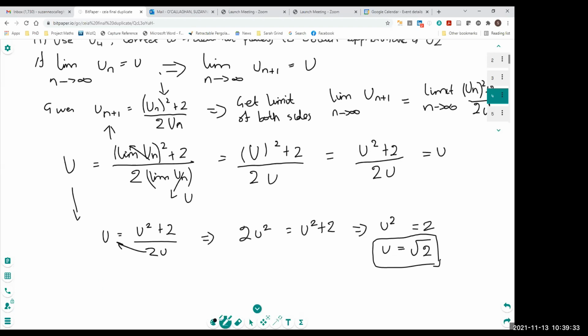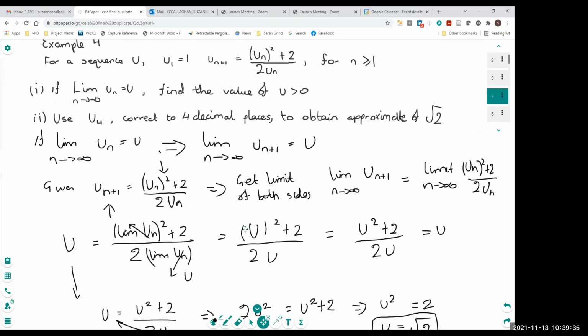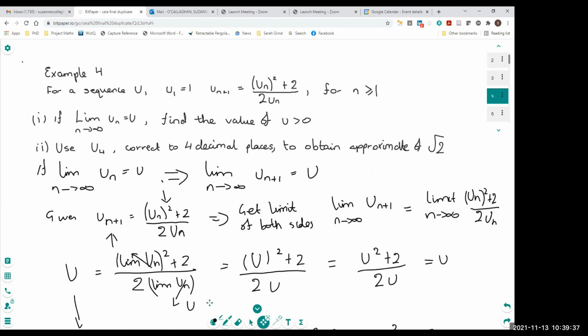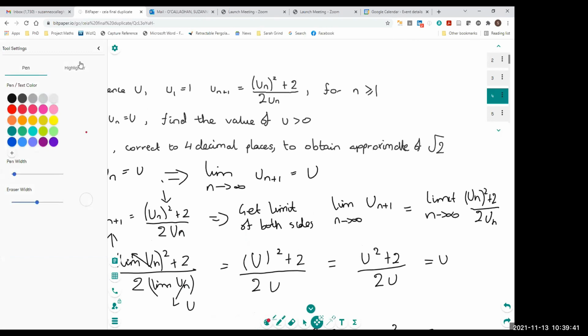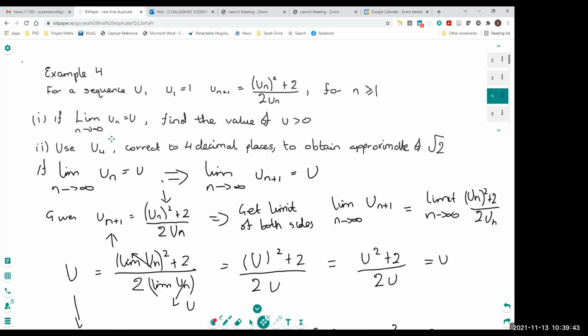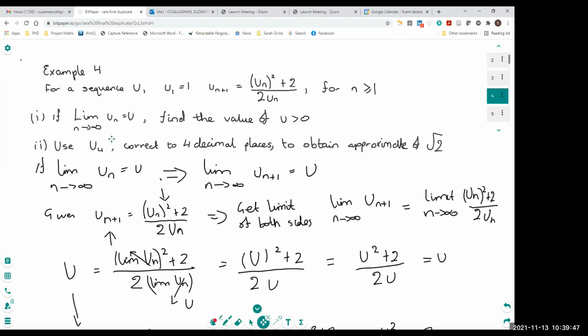So we go back to our question here. Find the value of u greater than 0. In other words, positive u. And we found that as square root of 2.